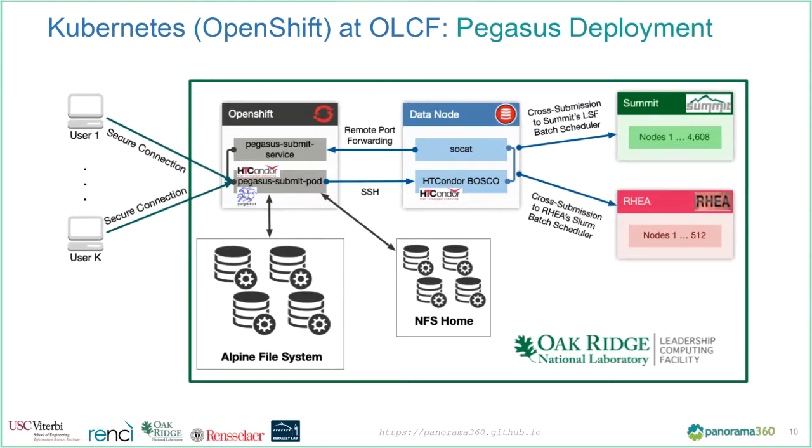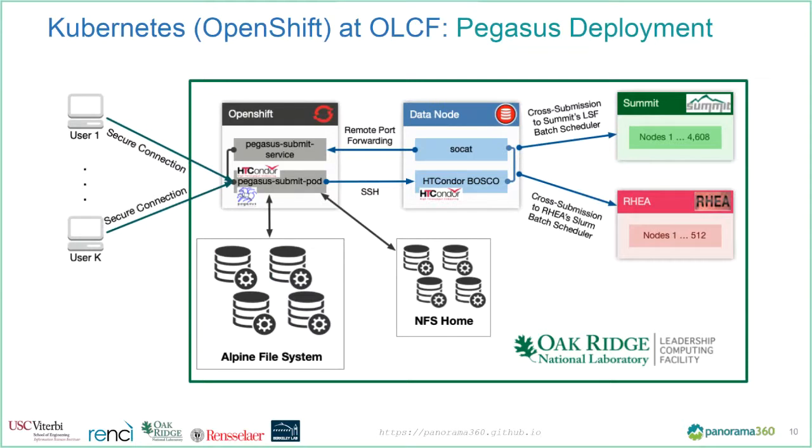Afterwards, we can submit jobs to Summit and Ria, but this has to happen from the DTNs. On the DTNs, we installed HTCondor Bosco, and this allows us to do SSH-style submissions.